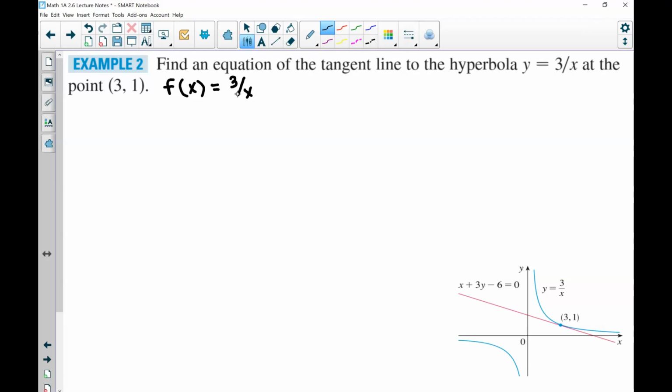Okay, and then we can also determine that the point 3, 1, it's stating that the slope is tangent at the point 3, 1.